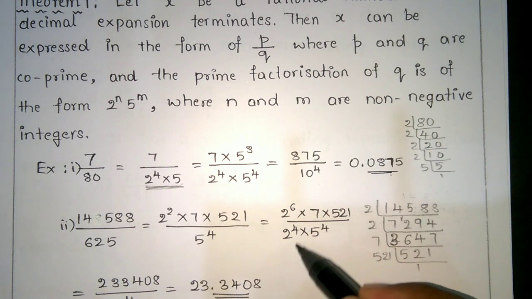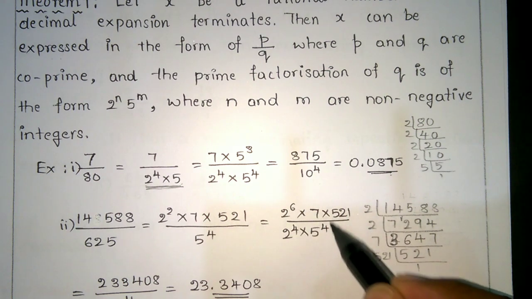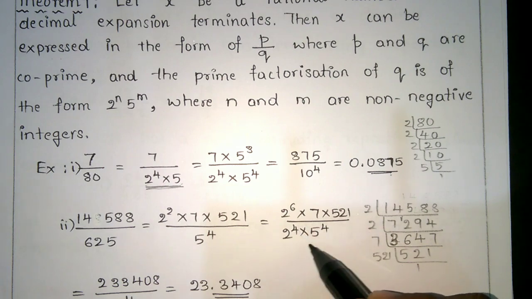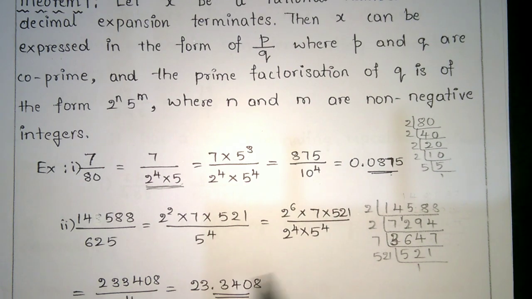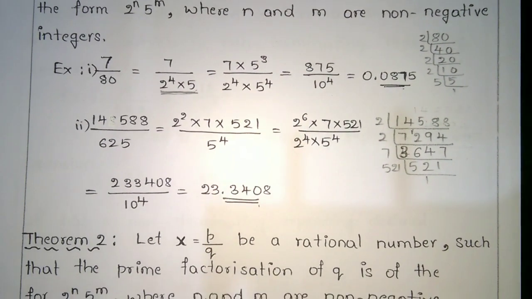So I multiply and divide by 2 power 4 on both numerator and denominator. You get 2 power 6 into 7 into 521 divided by 2 power 4 into 5 power 4. So 2 power 4, 5 power 4 is nothing but 10 power 4.